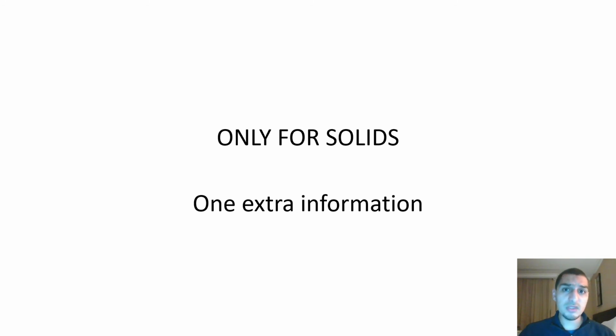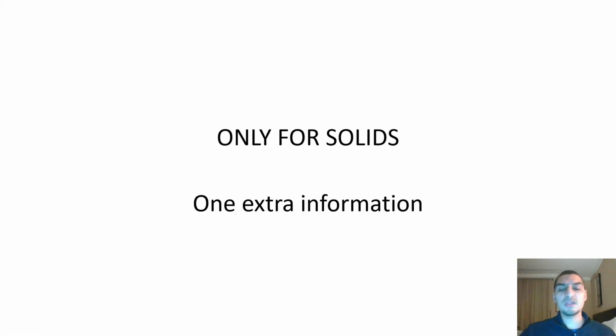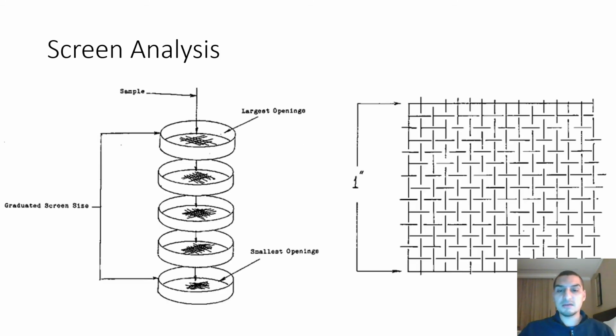Before we see what stream classes we have, why we have these different stream classes and the differences between them, there is one important point that we need to revise quickly, which is the particle size distribution or screen analysis. We mentioned before that the solid will have different particles with different sizes or diameters, and we need to know this in some cases, like for screening, for crushing, for grinding, for all these things.